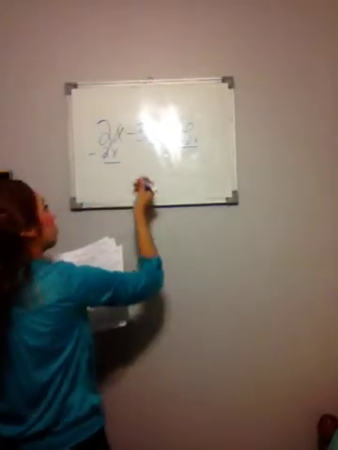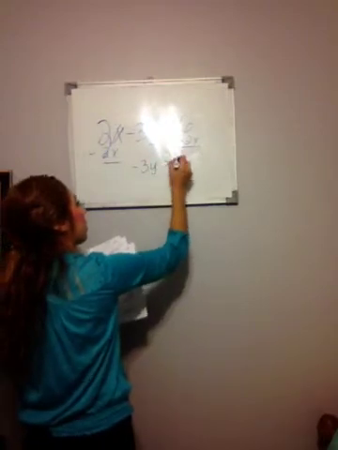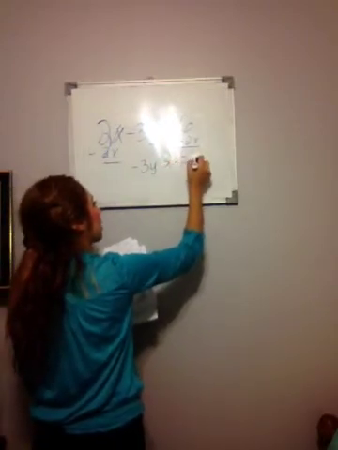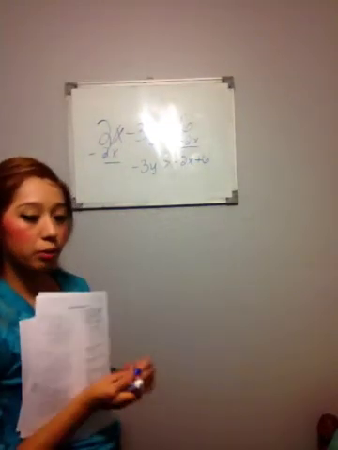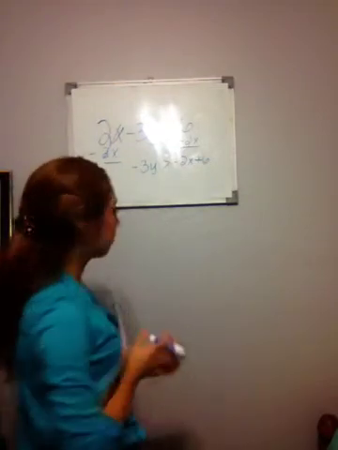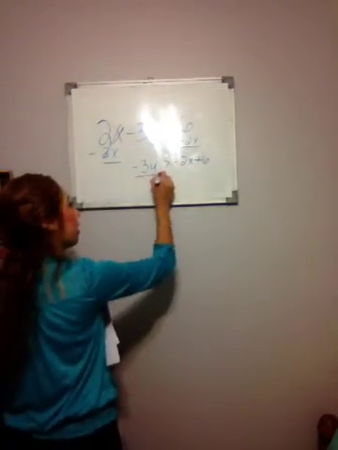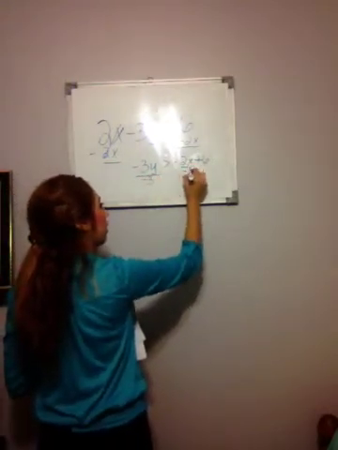This cancels out, and you're left with negative 3y is greater than negative 2x plus 6. Now, can anybody tell me what you do after that to leave the y alone? That's correct. You have to divide by a negative 3. You divide it all by negative 3.